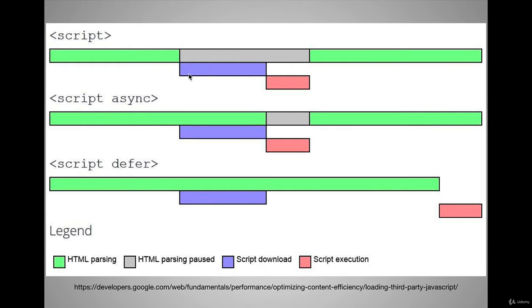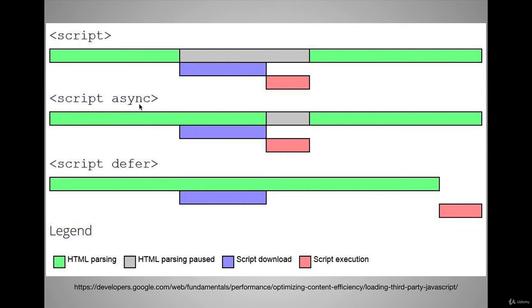This script tag needs to get downloaded, which blocks the HTML parsing. It also needs to get executed, which blocks the HTML parsing. And then finally, once that's done, the HTML is back to being parsed. Now we have two new properties that we can add to our script tags to alter this behavior.